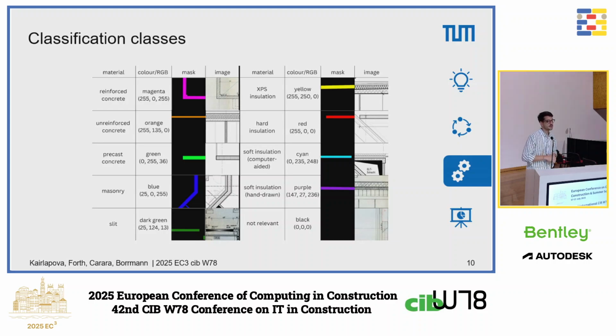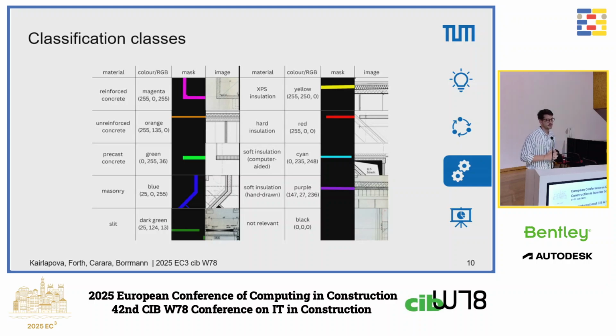These are the material classifications, I should not say classification classes. For the most common ones we used a German book called Neufert, where there's no standardization on how these hatches should look, but there's a recommendation in industry.